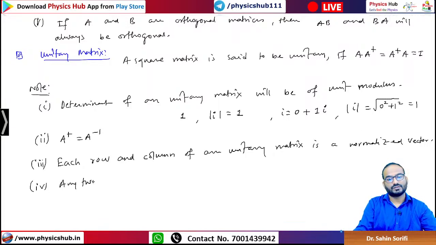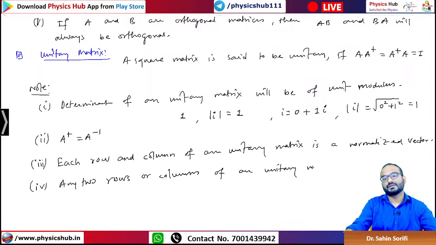Fourth, any two rows or columns of a unitary matrix are orthogonal to each other.